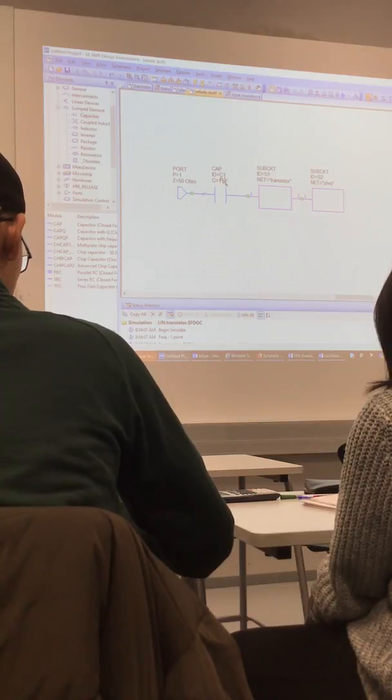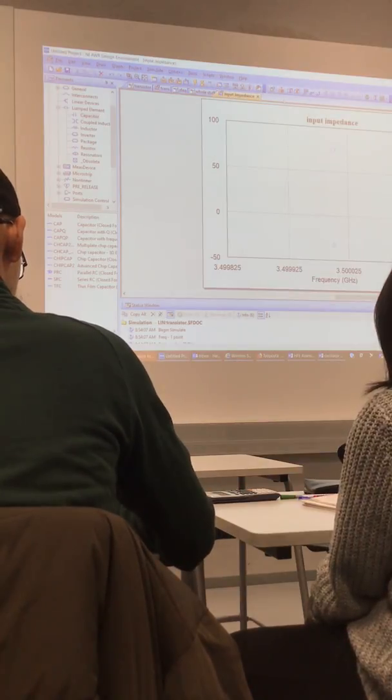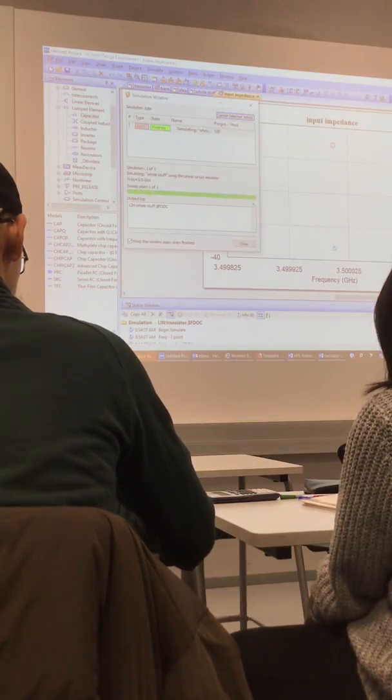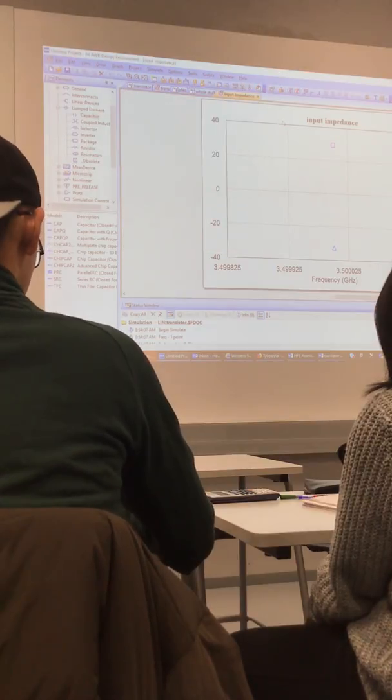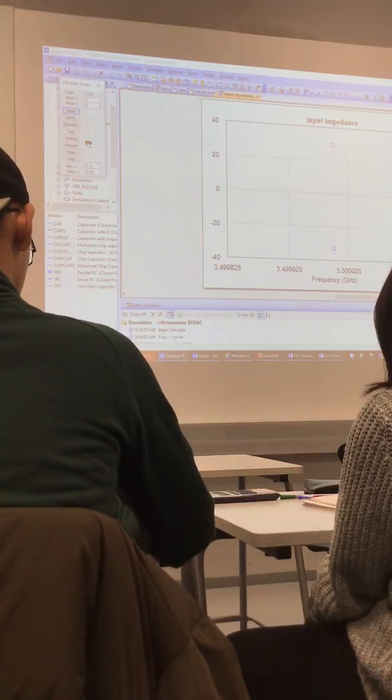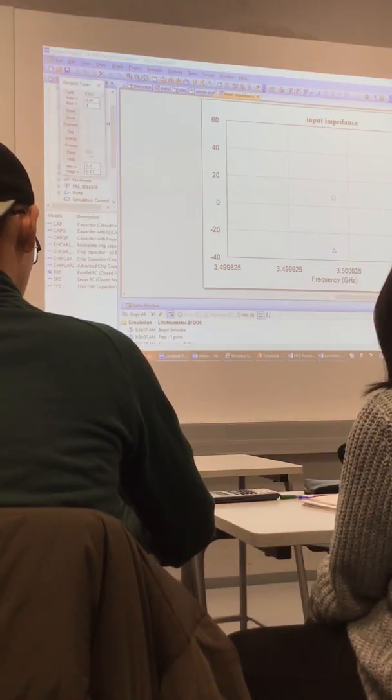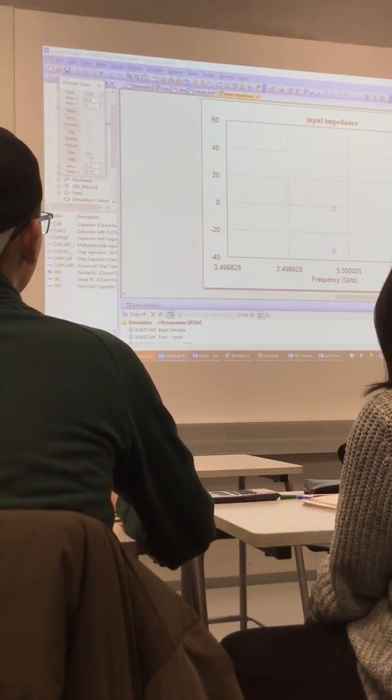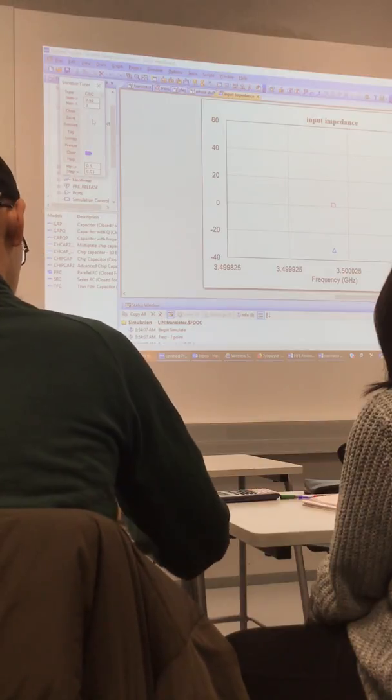I'll do the tuning. Take a look at the input impedance. Here we go. Now again it's very, very interesting. Oh my god. What happened?